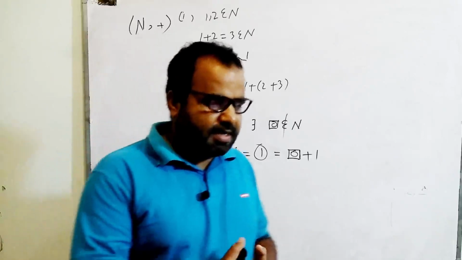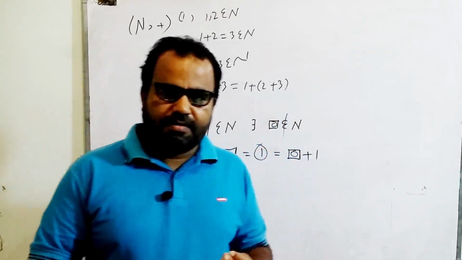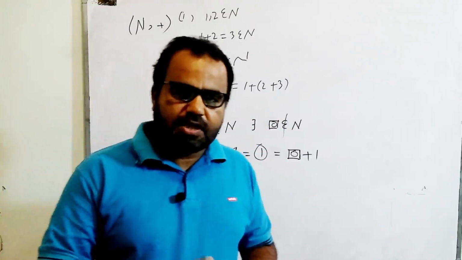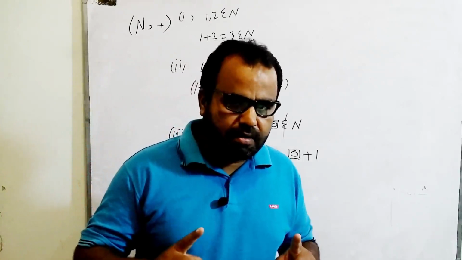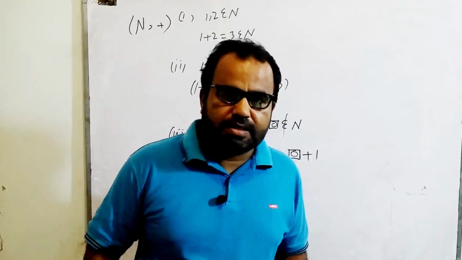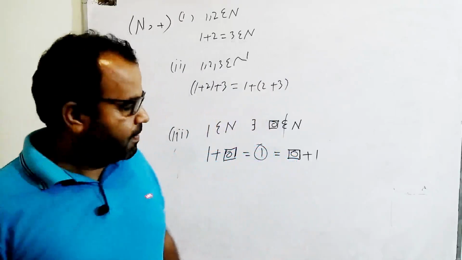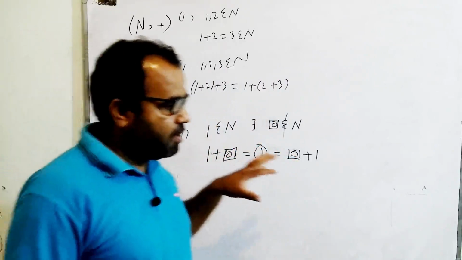If the identity does not exist, one property has failed, so the set of natural numbers is not a group under addition, because addition over here is the binary operation.